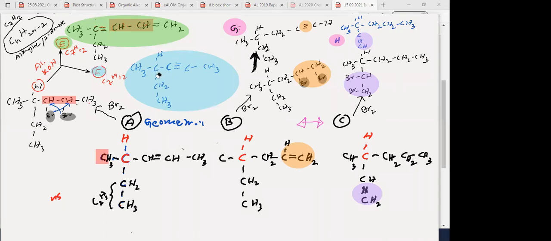Now compound E shows geometric here again. Which carbon is geometrically active out of this compound? Look at the description given in the question. All four compounds have the same chemical formula, C7H12. Compound E shows geometric isomerism.